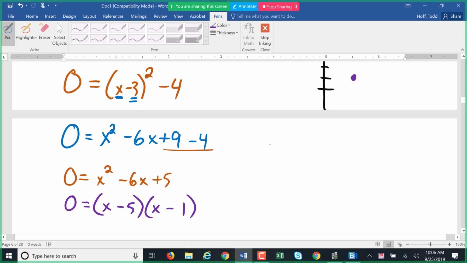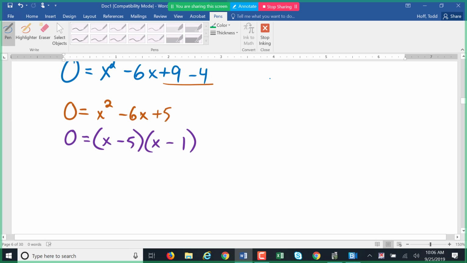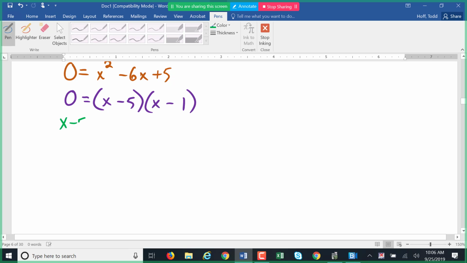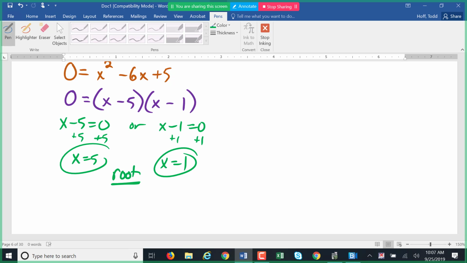Those multiply to give us the +5, and they will combine on the outside and inside to give us the -6. So we can solve these equations to get our roots. Either x - 5 equals 0, or x - 1 equals 0. This one would give us x equals 5, and this one would give us x equals 1. So those are our roots, or our x-intercepts.